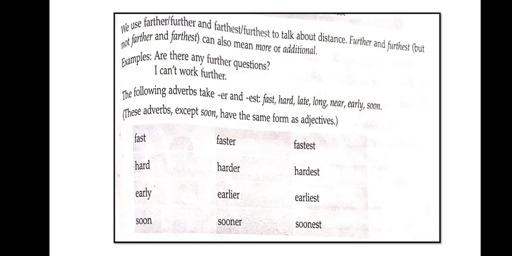The following adverbs take ER and EST: fast, hard, late, long, near, early, soon. These adverbs, except soon, have the same form as adjectives: fast, faster, fastest; hard, harder, hardest; early, earlier, earliest; soon, sooner, soonest.